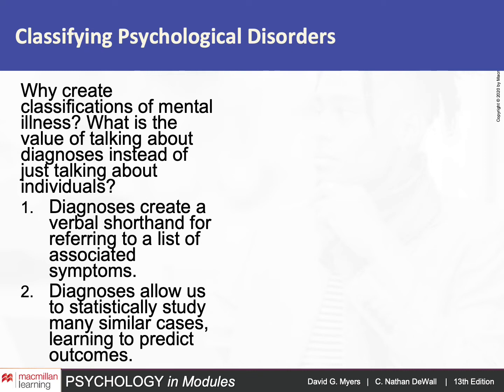That allows us to come up with different interventions and predict maybe some of the factors that make people more vulnerable to psychological disorders, and also predict the outcomes or how successful some of those treatments are.